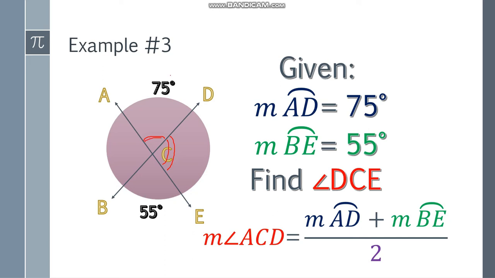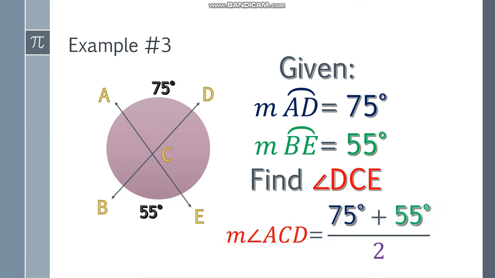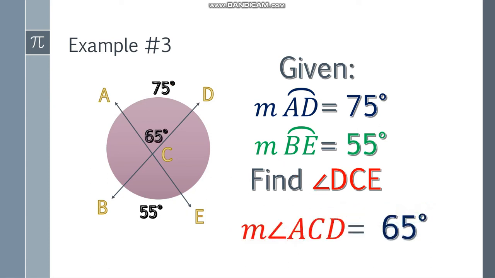So to find this angle, this one added to this one, and the answer will be divided by 2. Let's substitute it. You have 75 here. Next one is 55 here. Now simplify 75 plus 55, that will be 130 degrees. Divided by 2, that will be 65 degrees.